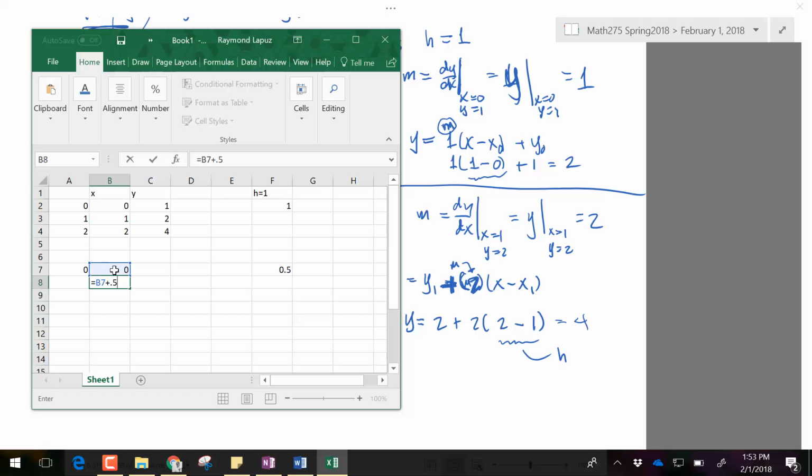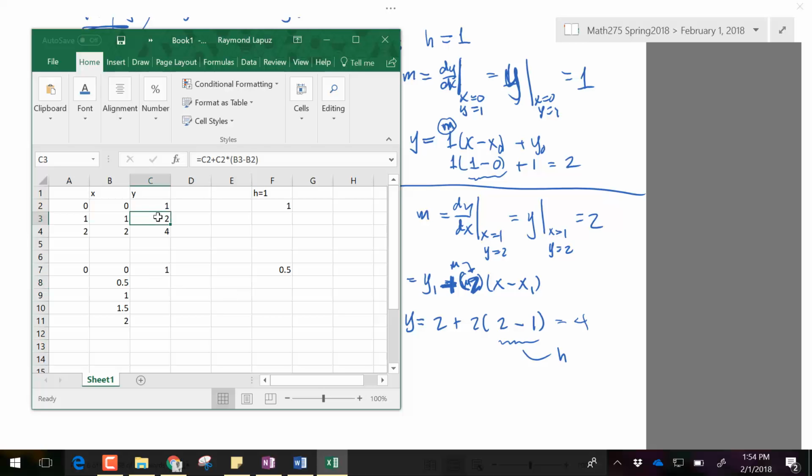This plus 0.5. And then we're going to keep doing that until we get to 2. And then we're starting off with 1.